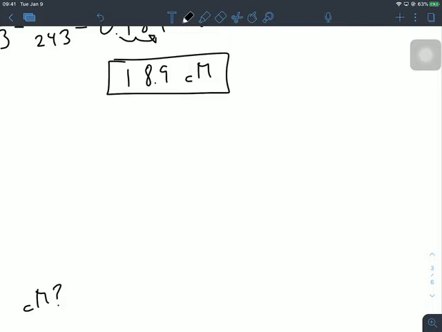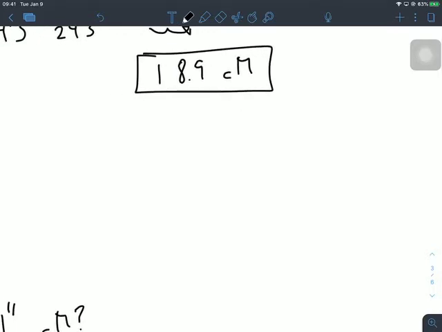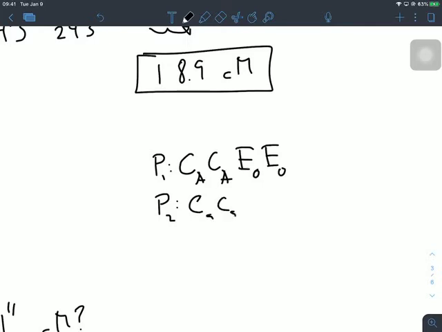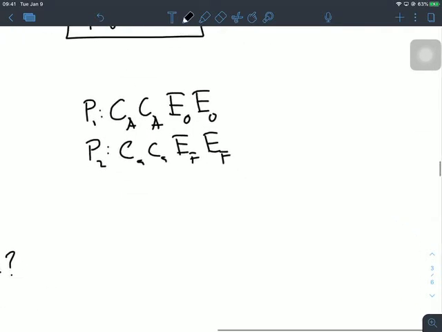And in these different cases, we'll have different connections between your haplotypes. So, in the first, your parent 1's genotype is C capital A, EO, EO, and your parent 2's type is C lowercase a, EF, EF, just as we had observed.